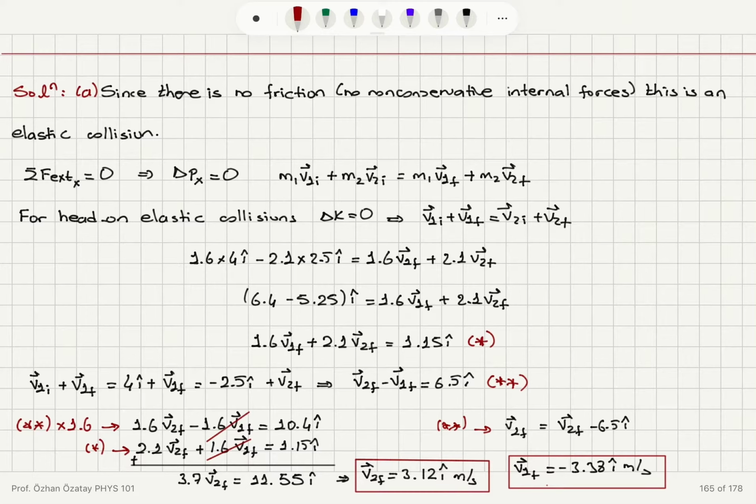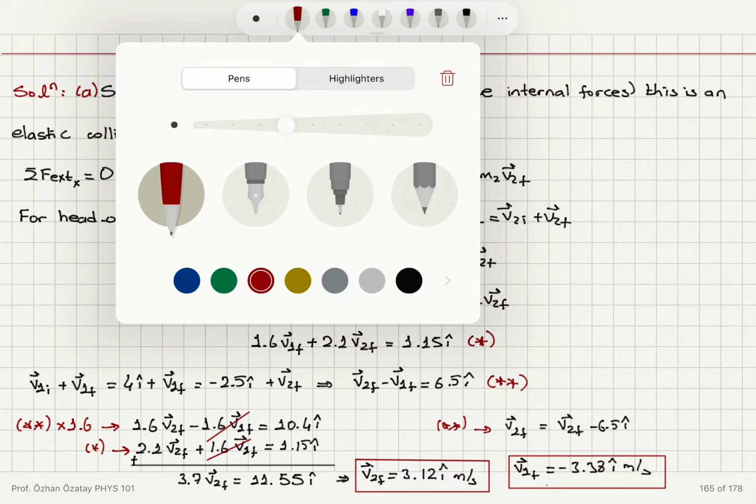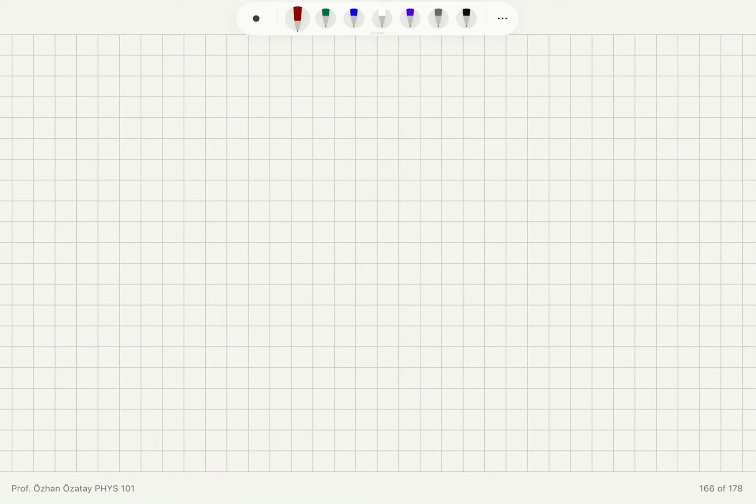Okay. Now we can move on to part B of this problem. So this is what will happen when the collision is complete.